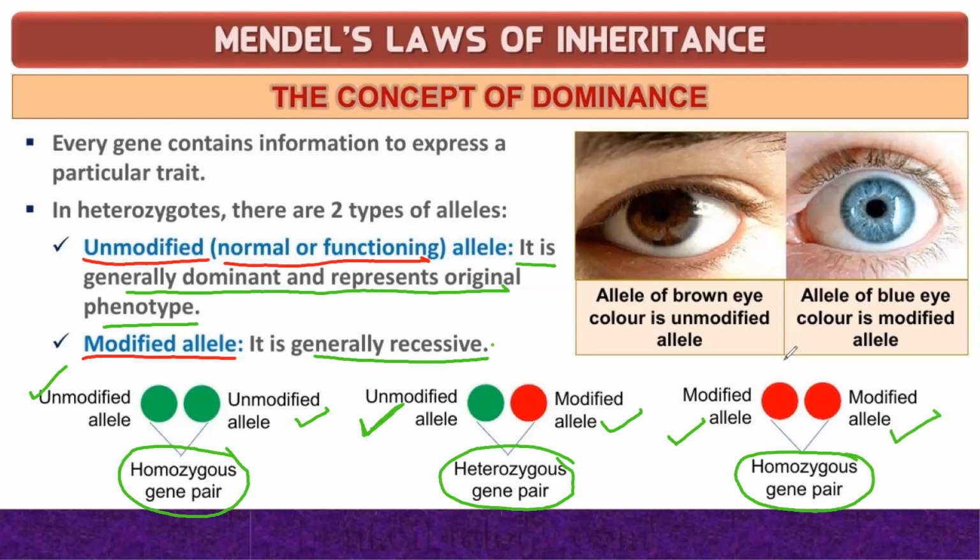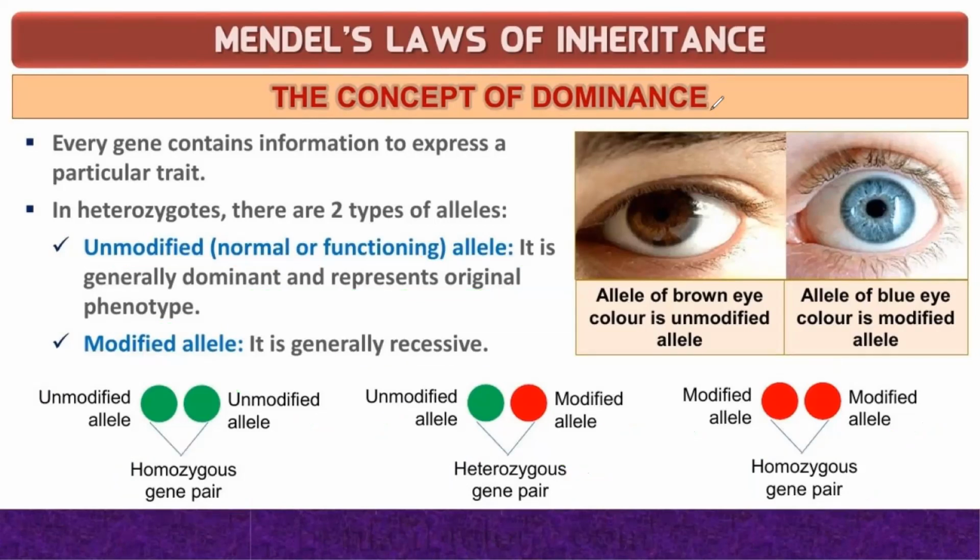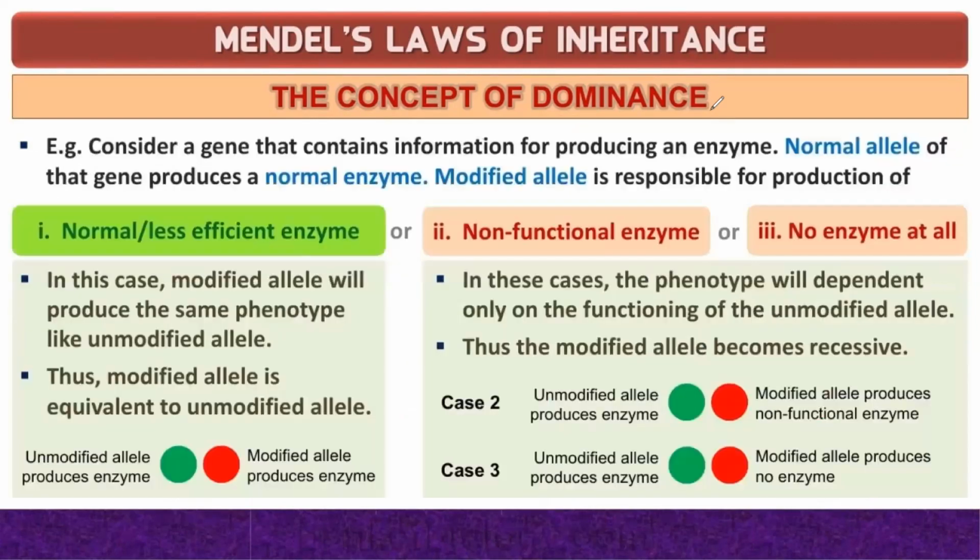So here it's homozygous recessive, here is homozygous dominant. So what is dominant here? The normal gene, the unmodified gene. And what is recessive gene? It is the modified gene which is not functioning properly. What is the actual function of it?